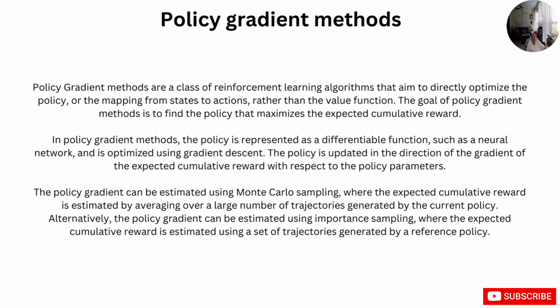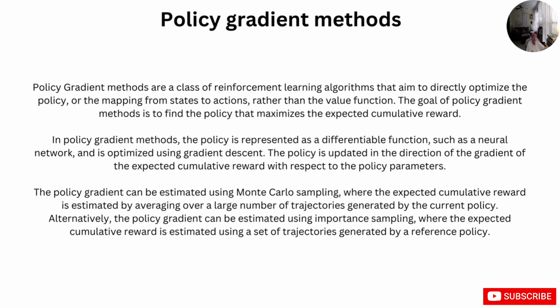Policy gradient methods are a class of reinforcement learning algorithms that aim to directly optimize the policy, a mapping from states to actions, rather than the value functions. The goal of policy gradient methods is to find the policy that maximizes the expected cumulative reward.